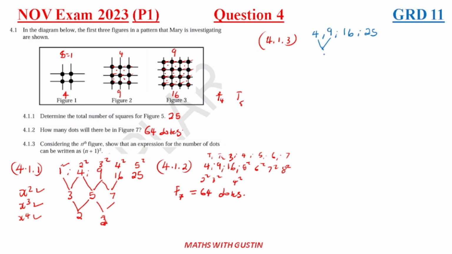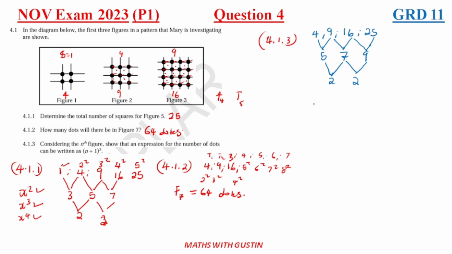So 9 minus 4 would give us 5. 16 minus 9 will give us 7. 25 minus 16, guys. Let me see. You will be surprised numerically when it comes to doing these things by head. For me, I don't stress myself, I just use a calculator. All right, 7 minus 5 is going to give us 2. 9 minus 7 is going to give us 2.